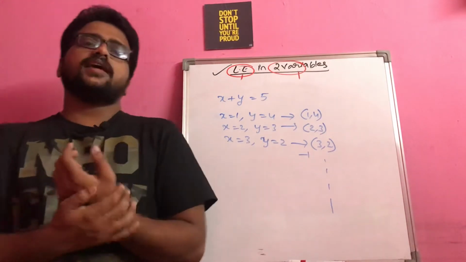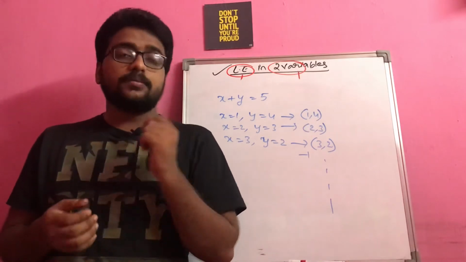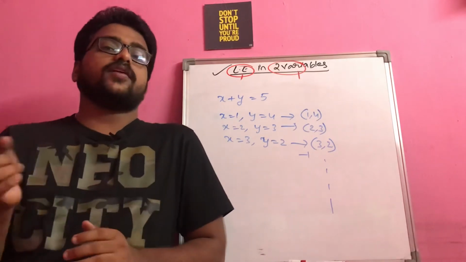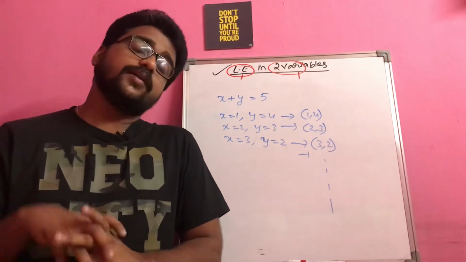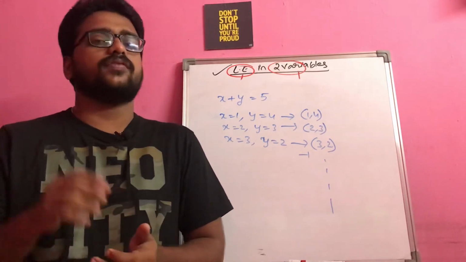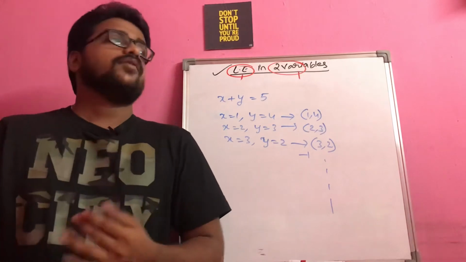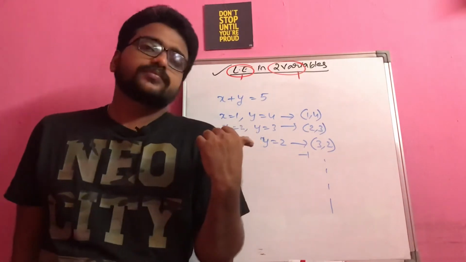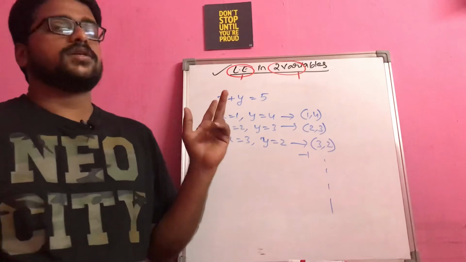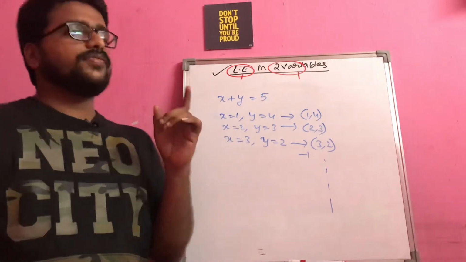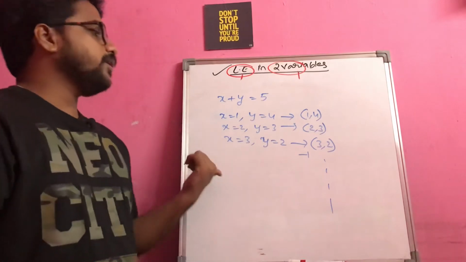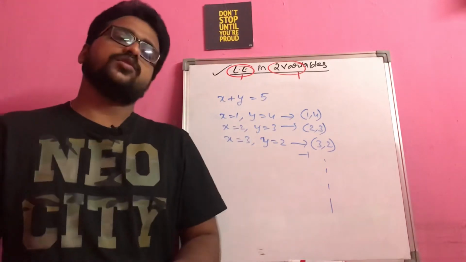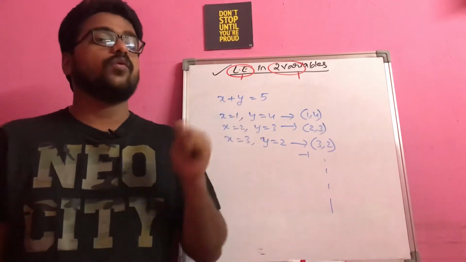Whenever we define a degree, remember that we are defining the degree for a polynomial. Generally polynomials are of a single variable, and for that the degree you define is a valid statement. Whereas here, it is of two variables. So I can take different combinations of x and y in any way, which leads to an infinite number of solutions, though the degree is 1 here.